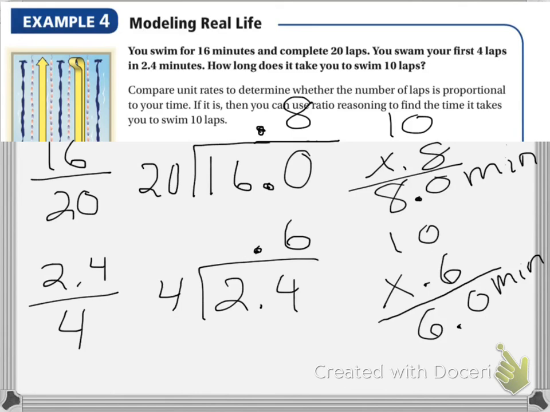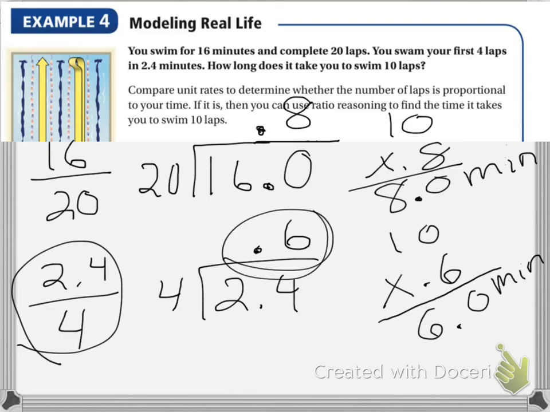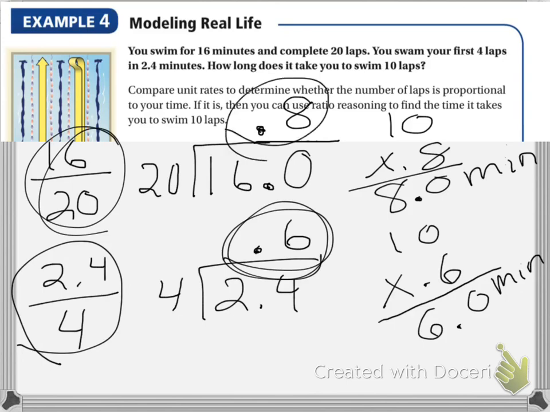And the ratios make sense because this one was your first 4 laps, and it was a faster time because you start out strong and then you get tired as you go. This ratio here is slower because it shows the entire 20 laps, and as you slow down, you can tell. So as we are answering that question, how long does it take to swim 10 laps?